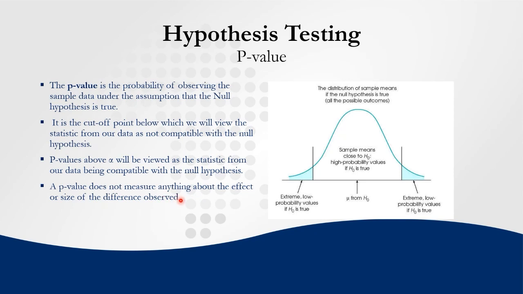But even when we have a small p-value and we reject the null hypothesis, it doesn't talk about the effect or the size of the difference observed. So if we go back to my example about high blood pressure, if we find that the new treatment and the old treatment differ significantly from each other, meaning that we got a small p-value, it doesn't talk about the effect.